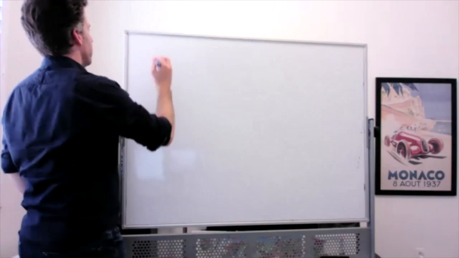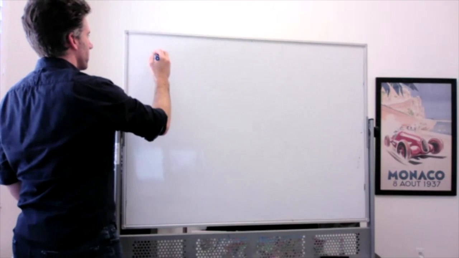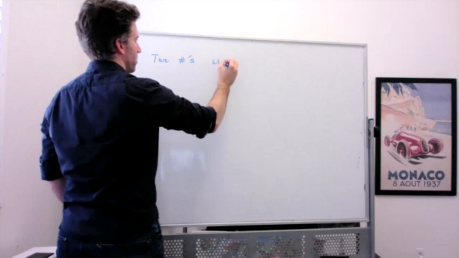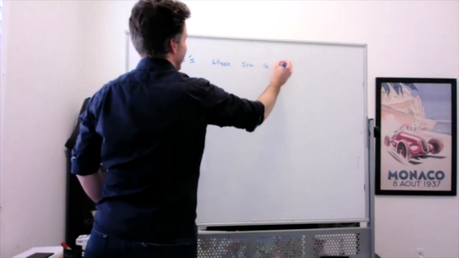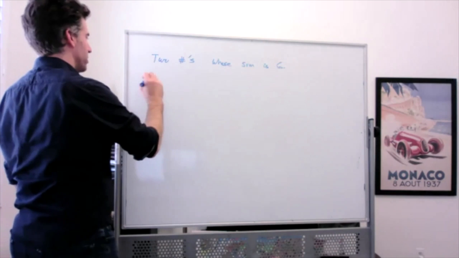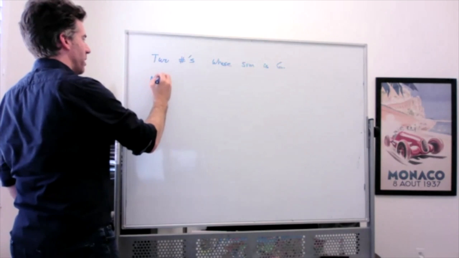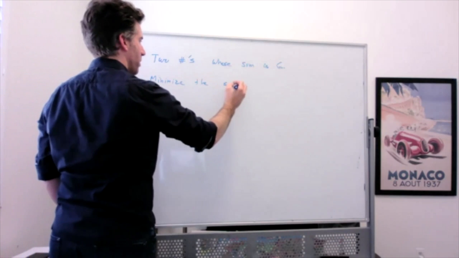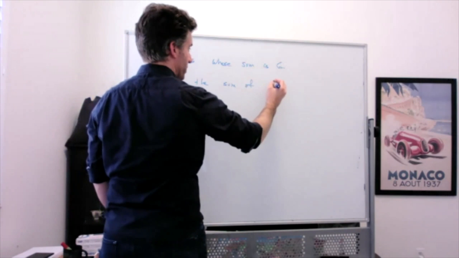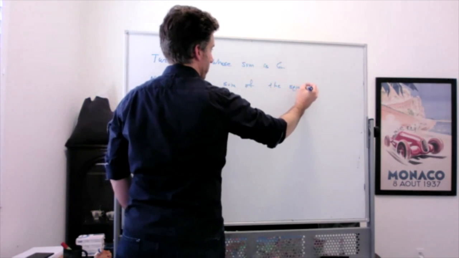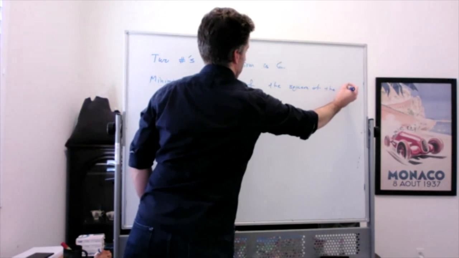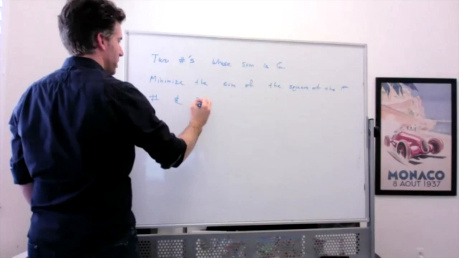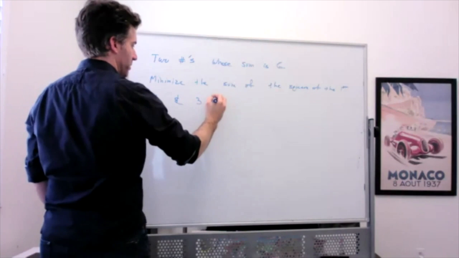So let's say we have two numbers whose sum is 6. And I want to minimize the sum of the square of the first number and 3 times the square of the second number.